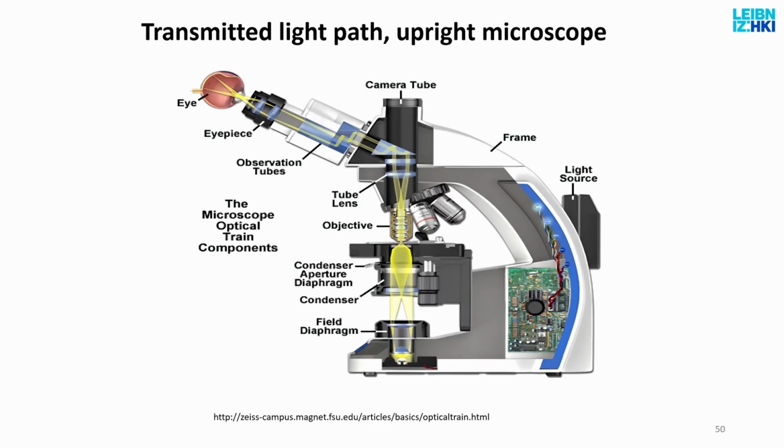Microscopes can be built in upright mode, where the objective lens is above the sample. It has the advantage that it's easy to reach the objective lenses. So, for example, if you have to turn this correction collar I told you about to correct for the cover slip thickness, it's easy, but you have no access to the sample itself. So you cannot change solutions easily, for example.